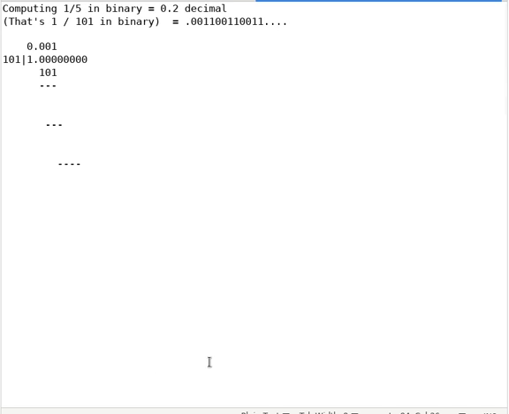Here's what happens in binary. We're going to do long division. This is 1 divided by 101. So here's your long division from 4th grade. So here's 1.00000 divided by 101. And I started it for you because the first place we can put the 101 is over here, because it's the 1 and 4 zeros minus 101.